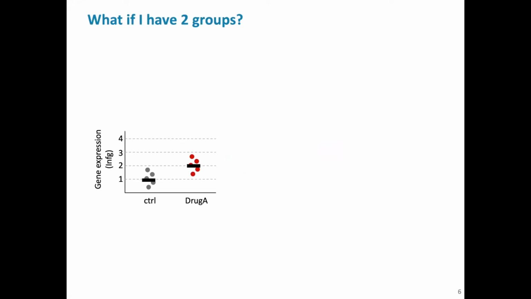But let's now get some intuition about how GLMs work. So what if I have two groups, just like we had now, control and drug A, and that you probably saw in the results as well. Then you can assign to the metadata as a factor, as Roy mentioned, and you can control which level you're comparing to.